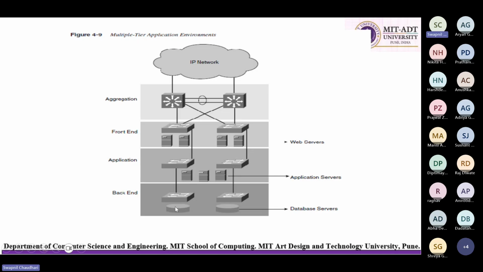For that reason we use this layer. And lastly, the flow of communication: user to web server, web server to application server, and application server to database server. Each layer performs a specific task and responds along the designated paths.